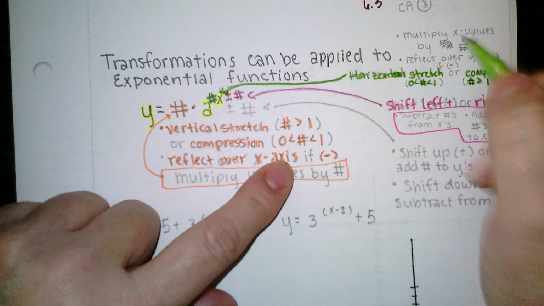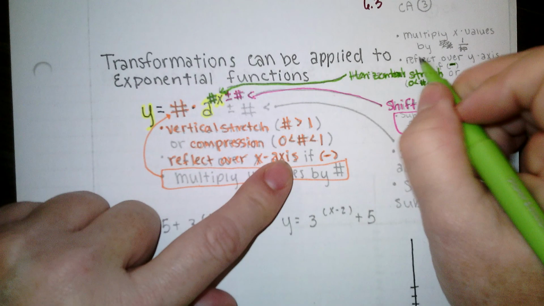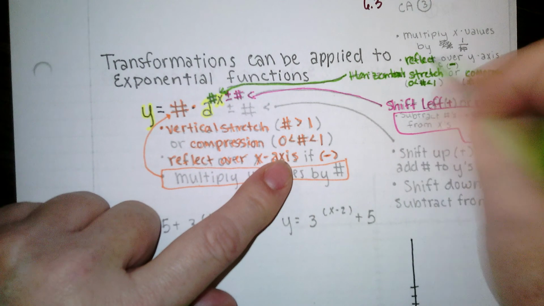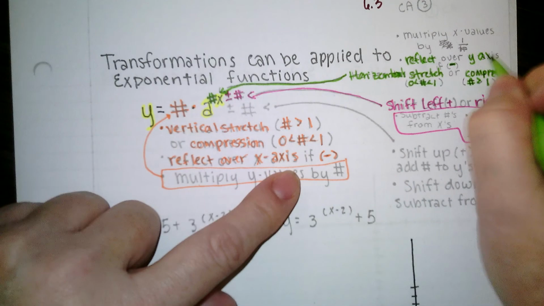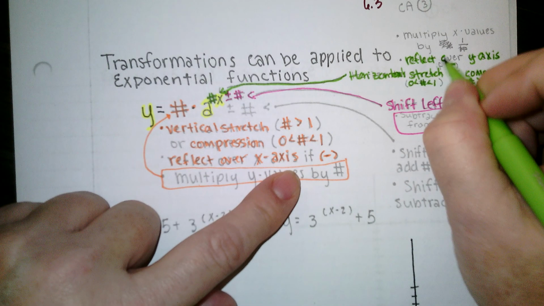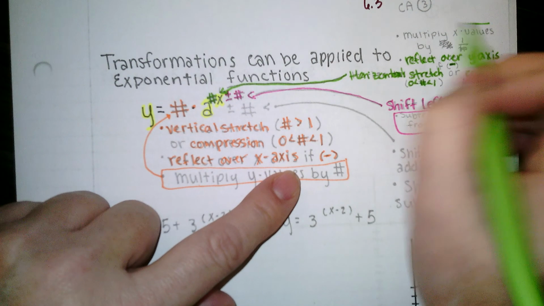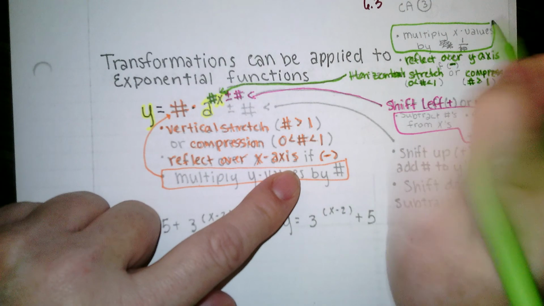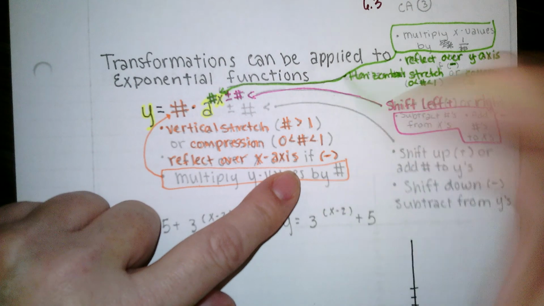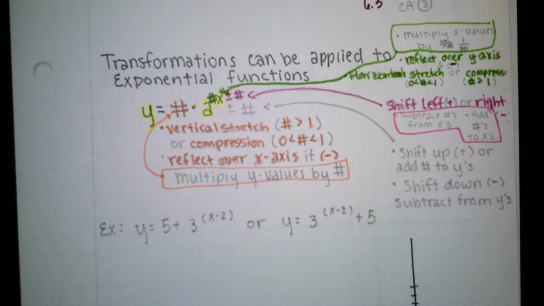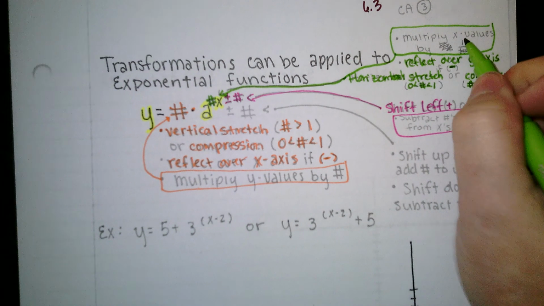And if that number is negative, we are going to reflect over the y-axis. What we're going to do with this number to our ordered pairs is we are going to multiply our x values by 1 over the number.